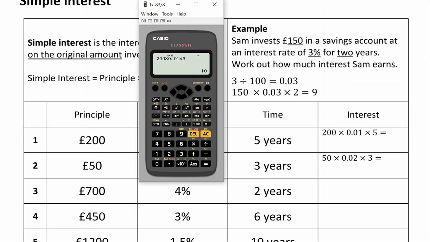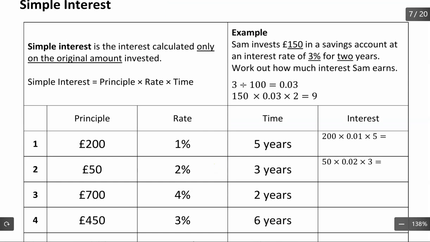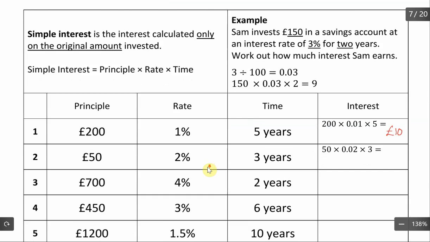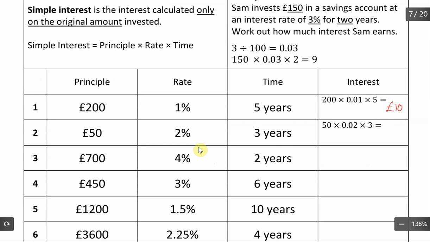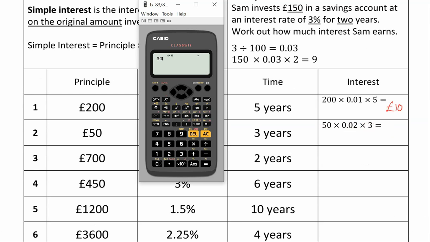Number of years is 5, so we would end up with £10 interest here. Okay, number 2, £50 is the principal amount, 2% is the interest rate, times 3 years. And we get £3 interest.